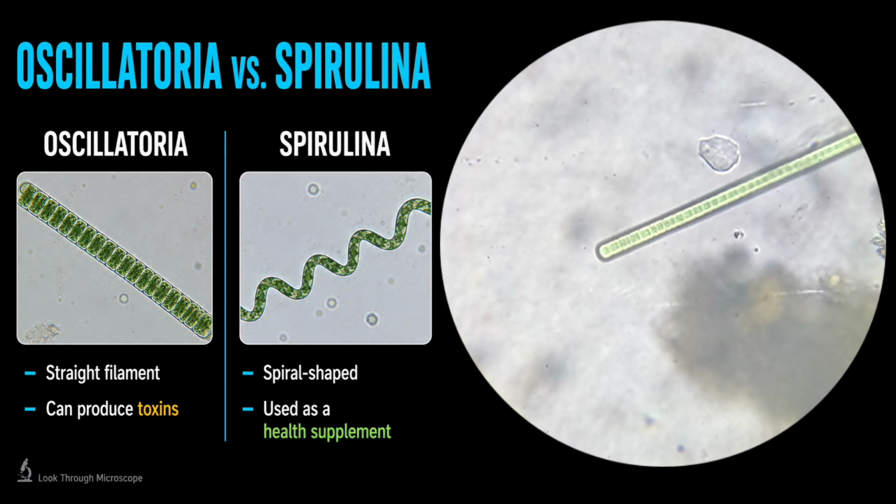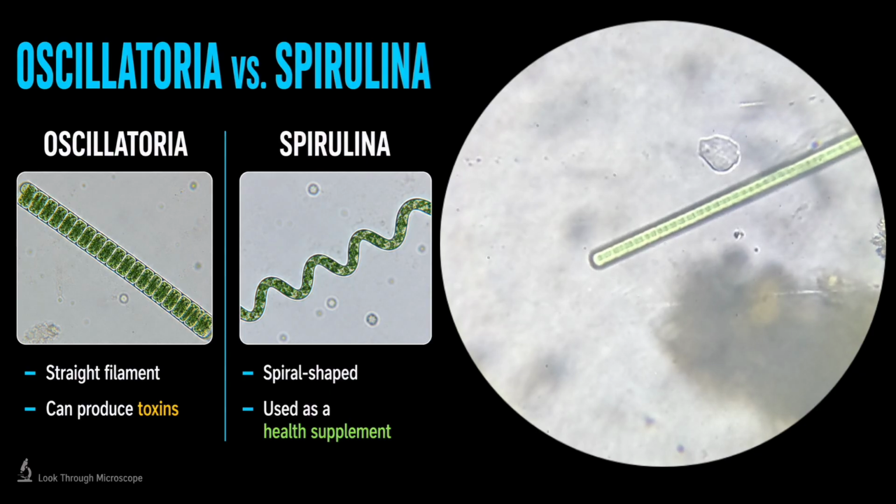You may already know one of Oscillatoria's cousins without realizing it, that is Spirulina, the spiral shaped cyanobacteria used in health supplements and green smoothies.